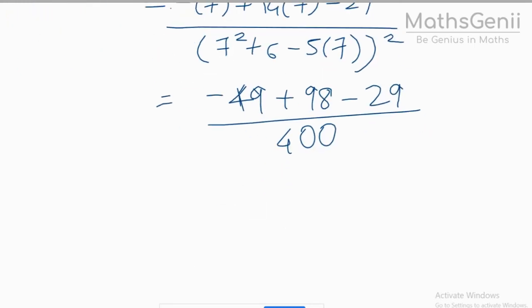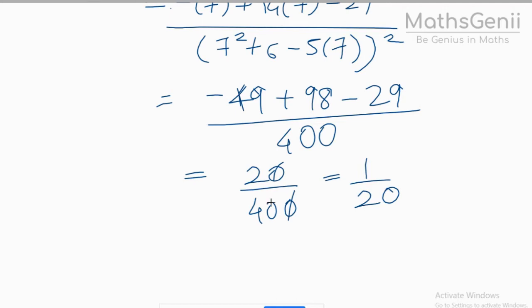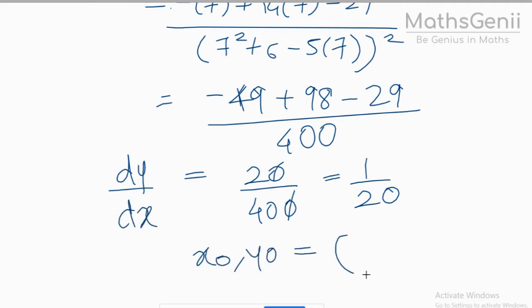Then again, when you solve this, you will get 20 upon 400. 10 gets cancelled, so 2 upon 40 will give you 1 upon 20. So 1 upon 20 is the value of dy by dx. You already know the value of x naught, y naught. We had calculated it. It was 7 comma 0.